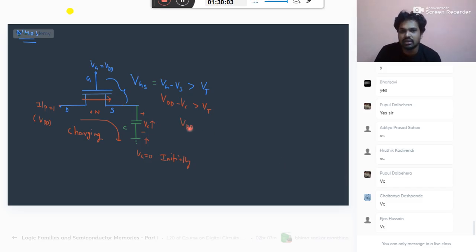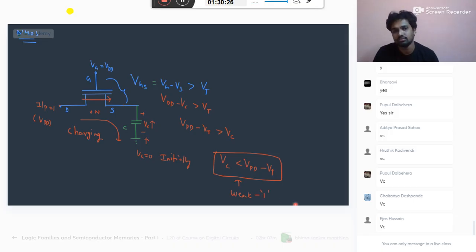VDD minus Vt should be greater than Vc, so your output Vc is less than VDD minus Vt always. This is what we call weak one. You gave VDD, but this fellow is not able to develop VDD.